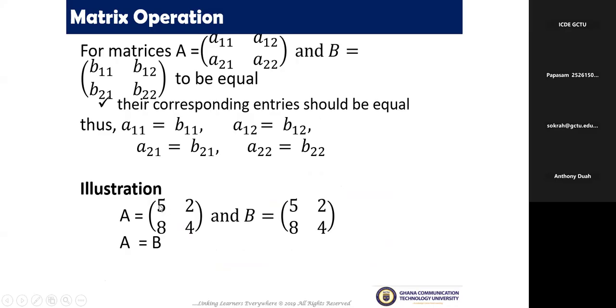So if they are equal, then 5 must be equal to 5, and so 2x must be equal to 2. Now, if 2x equals 2, and I need the value of x, what do I do? I divide through by 2. And so 2 cancels, and x is equal to 1. So these are the sensible means by which I can test your knowledge on equality of matrices. Please, take note. Very, very important.